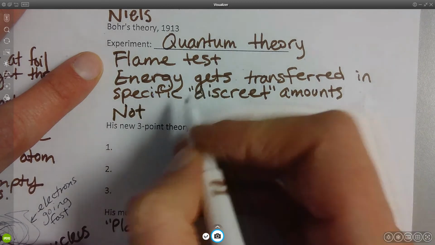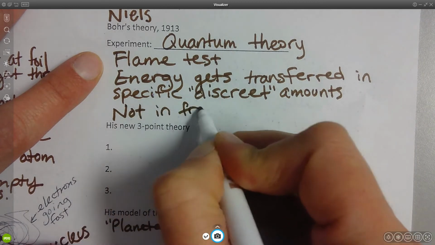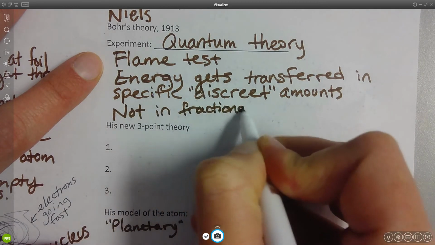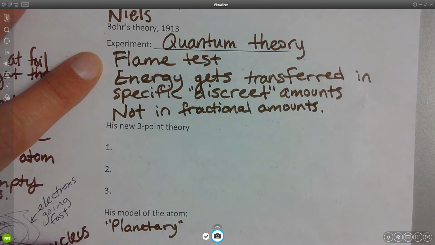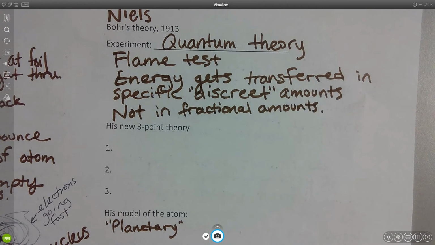Not in what we call fractional amounts. So, for example, I'll let you finish writing there. Yeah, discrete. That's a good word, right?